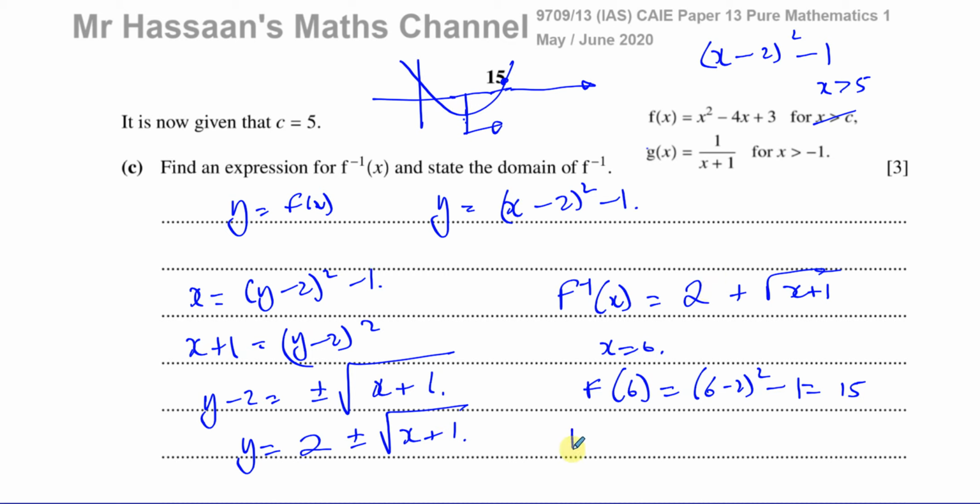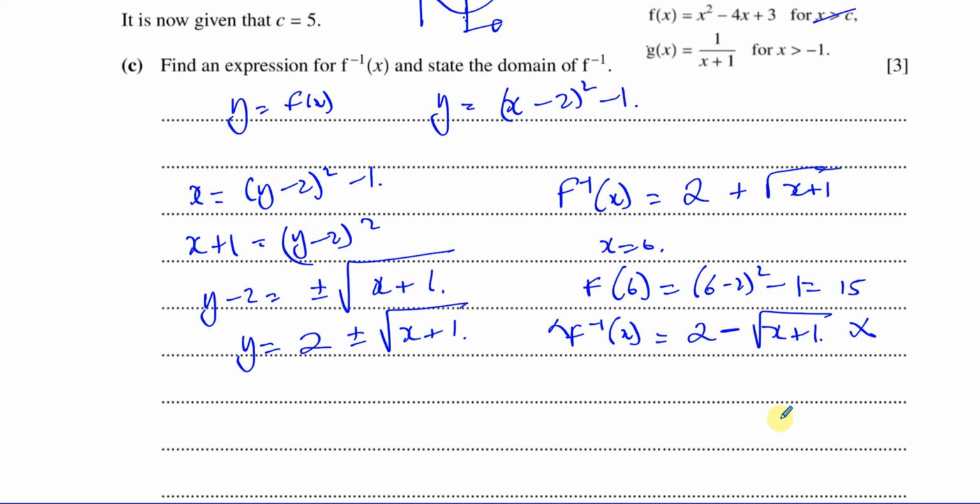So let's take first of all the wrong answer. We know that we're wrong, just to test it. So I have 2 minus the square root of x plus 1. Supposing I wrote this by mistake. I know it's not correct, but I want to check if I've got the right expression. So what I can do is put the number 6 into the original function, and we get 15.